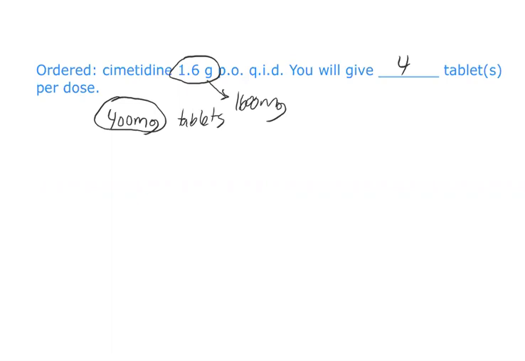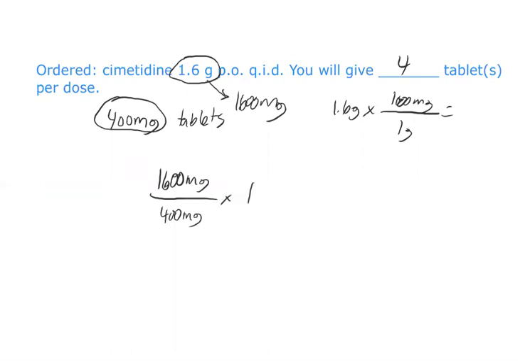Now that you have them in the same units, you can take your 1,600 milligrams over your 400 milligrams and multiply that by the 1 tablet, and you get 4 tablets.